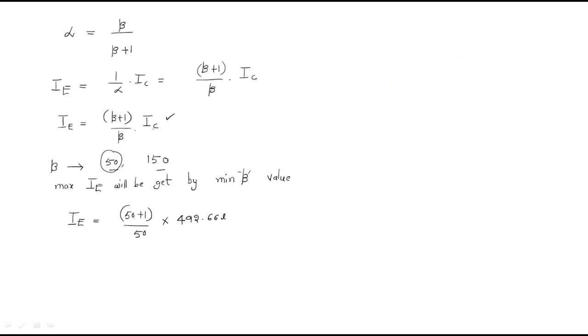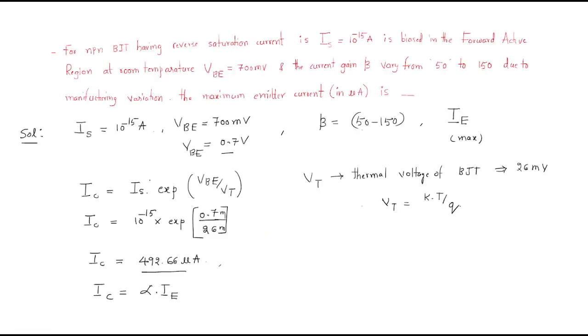By doing the calculation we will get the emitter current value equal to 502.51 microamperes. Okay, so this is another type of model of BJT. Here he is giving the input voltage and he is asking to find out the output current. Okay, and this is the procedure.